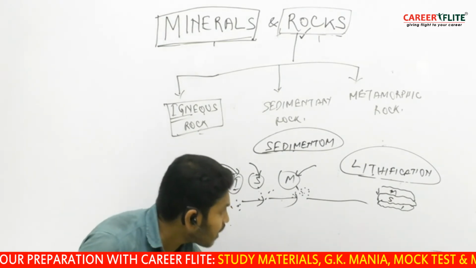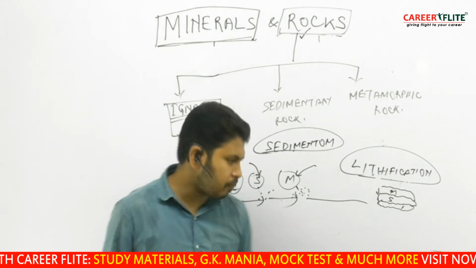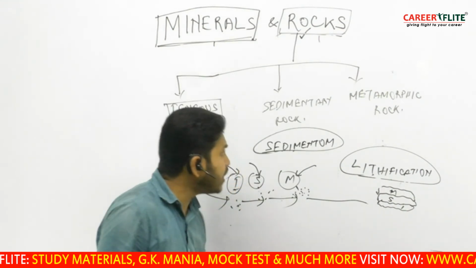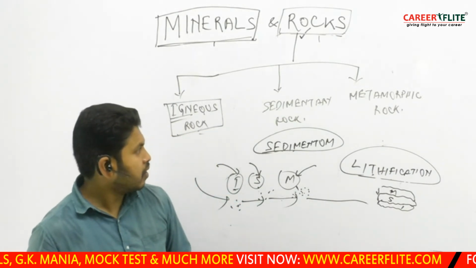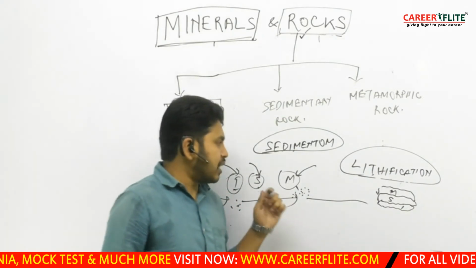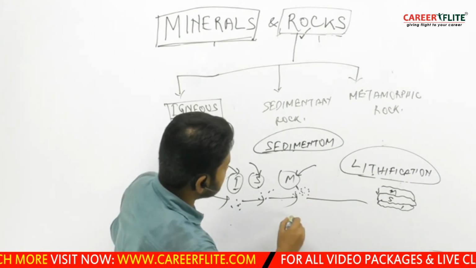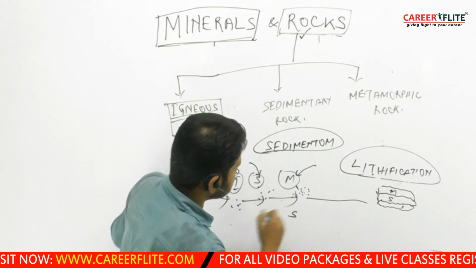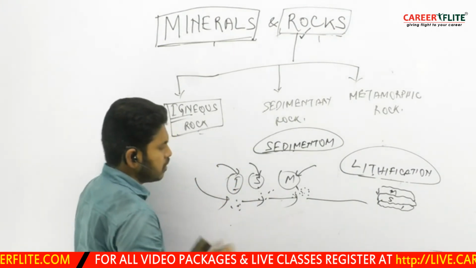Now we'll classify again. Sedimentary rocks can be classified based on how they are formed. Sedimentary rocks can be formed mechanically, organically, and chemically. Mechanically means crushing, breaking down of the rocks. For example, mechanically formed rocks are sandstones.